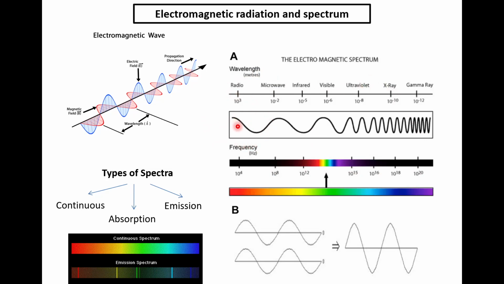Now, the electromagnetic wave has two components. One is the electric field, and the other is the magnetic field. Both of them are perpendicular to each other, as well as perpendicular to the direction of propagation of the electromagnetic wave.